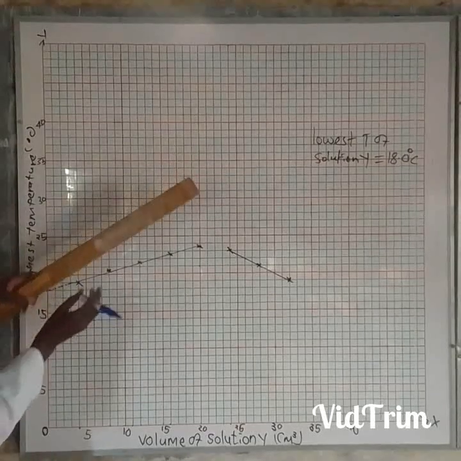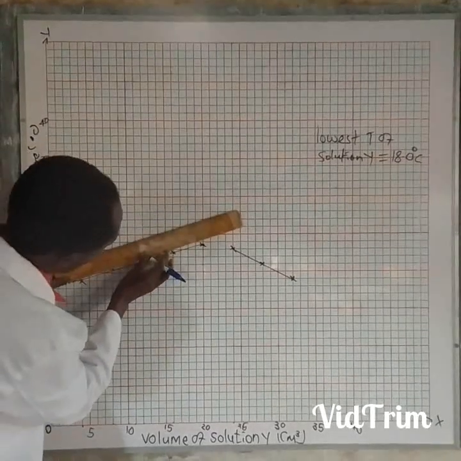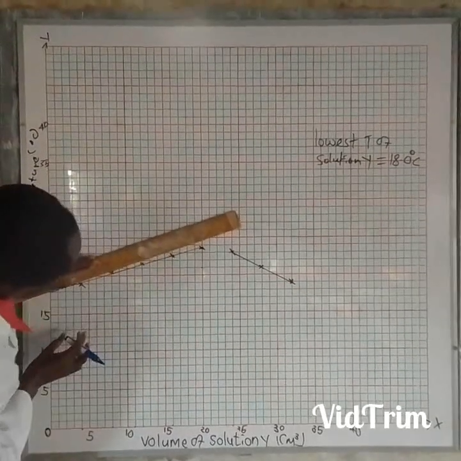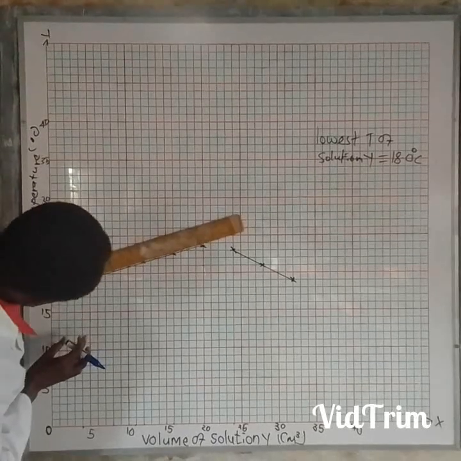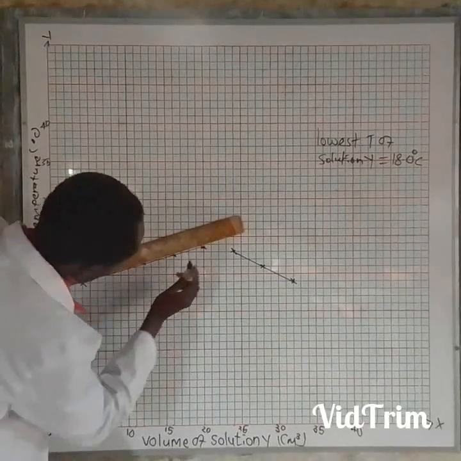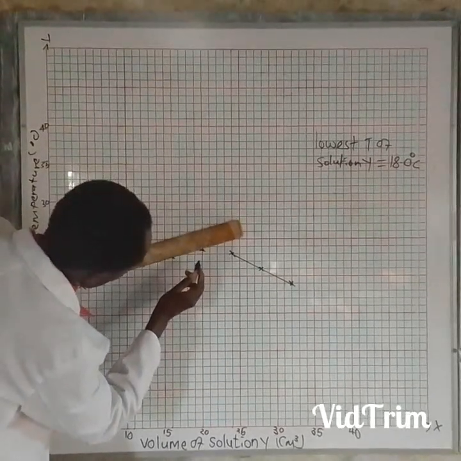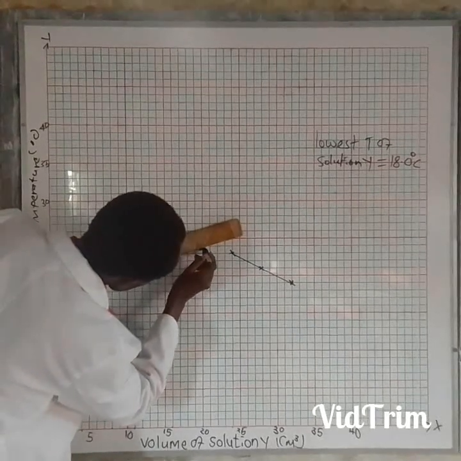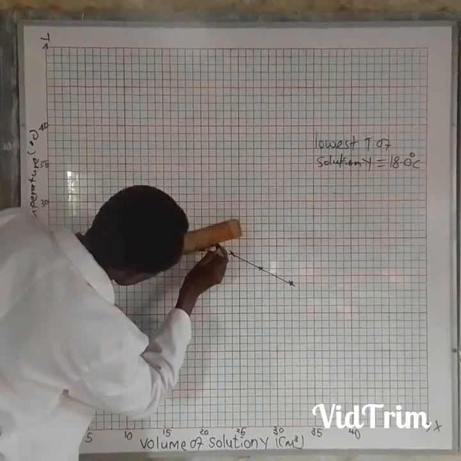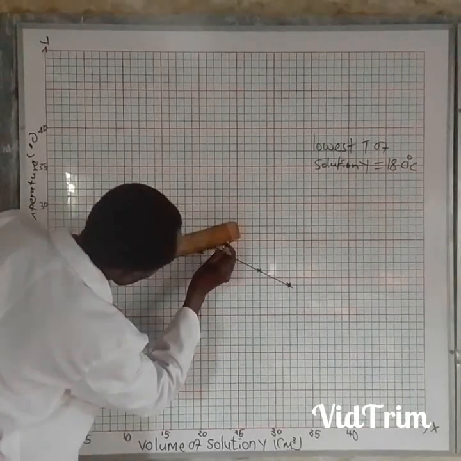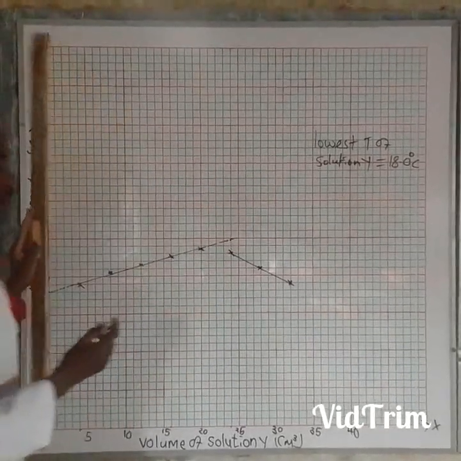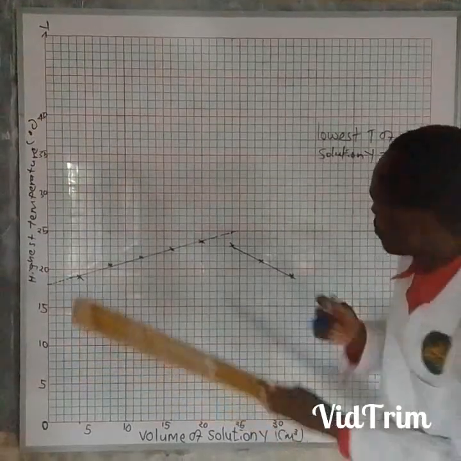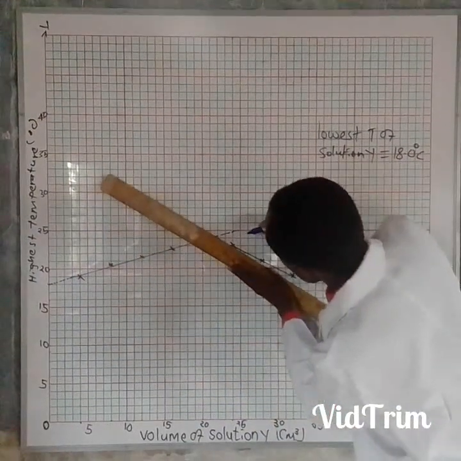So this is how you do it. My student, just watch and see. So you extrapolate this way, using a dotted line like that. Then you also extrapolate this other straight line like this.